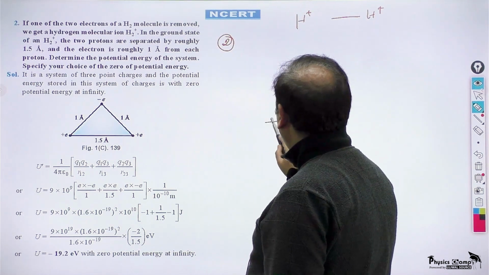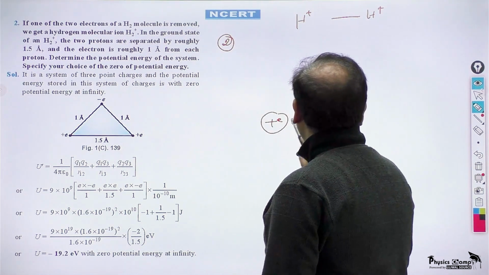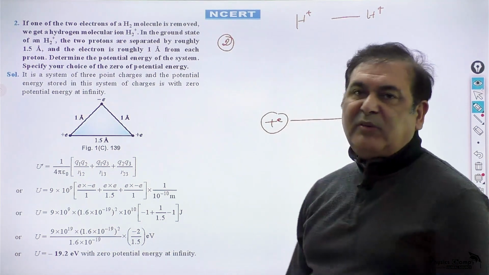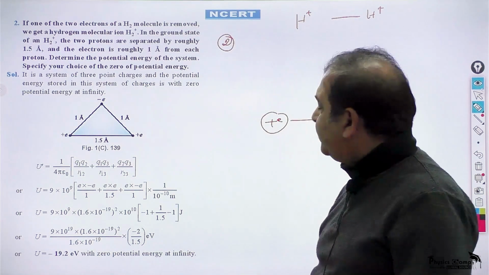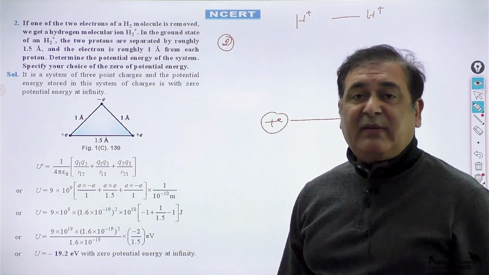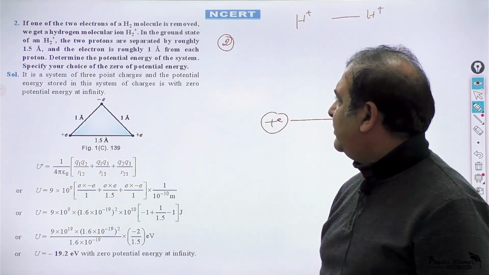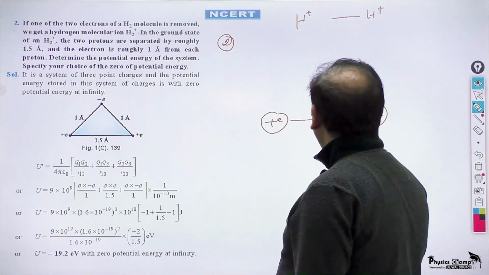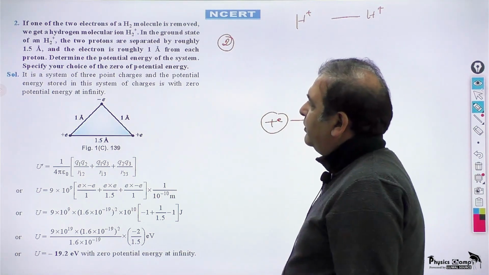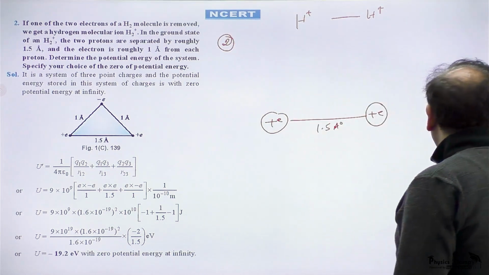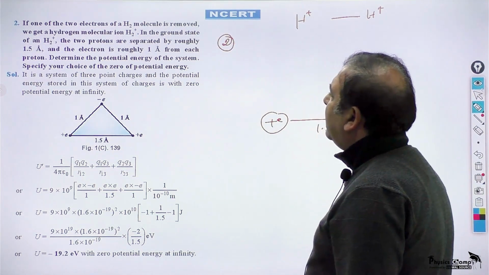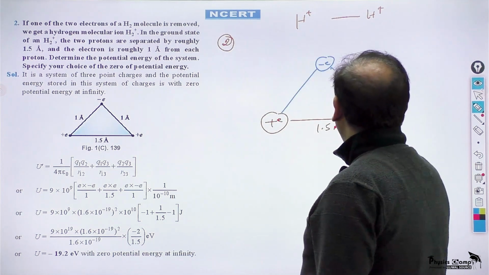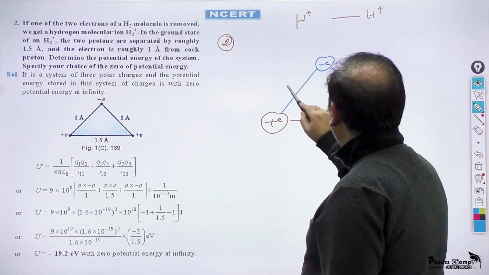Here it consists of two positively charged hydrogen atoms, both having charge plus e. They have lost their electron. These two protons are separated by roughly 1.5 angstrom. And there is an electron which is roughly 1 angstrom from each proton.